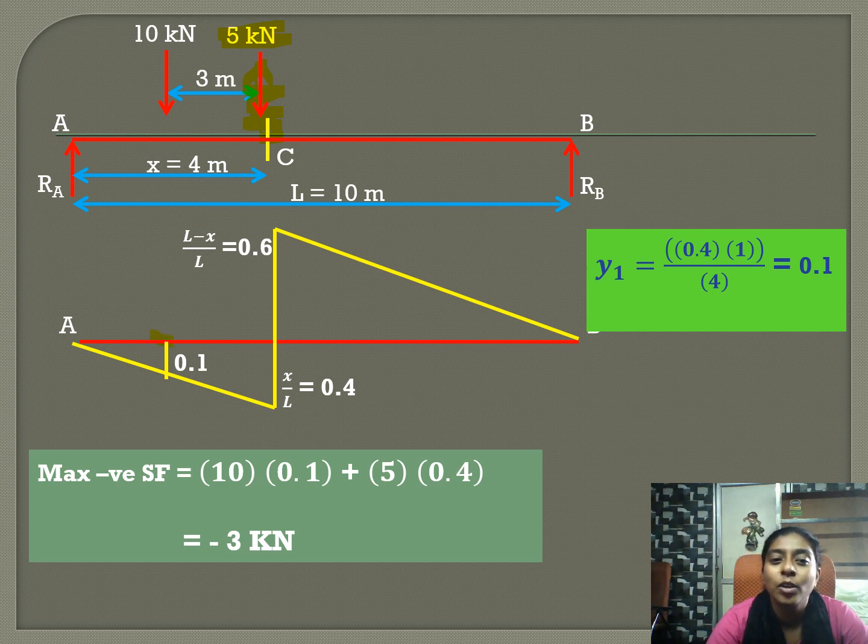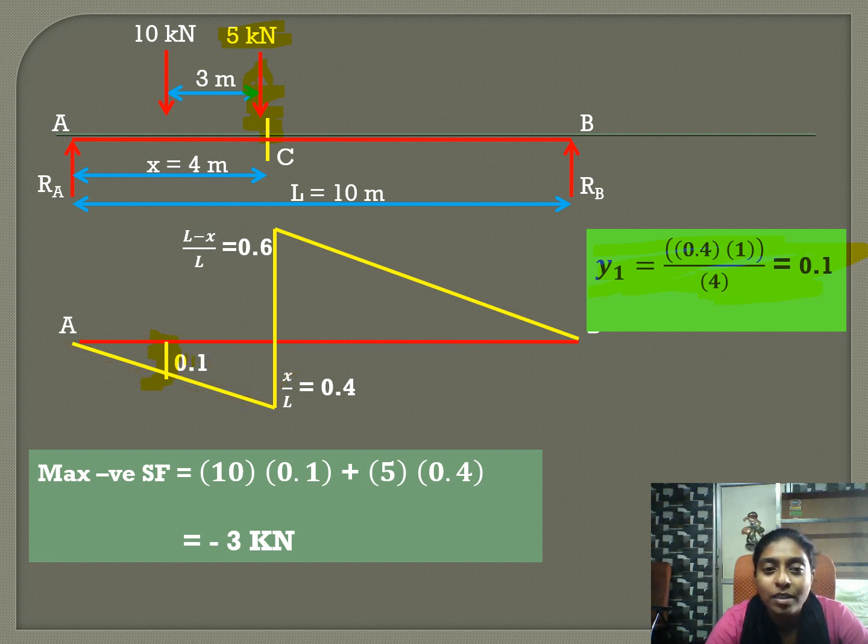We are noting the ordinate in the negative portion. This is our negative portion, so we are marking our ordinate in the negative portion. We are applying the similar triangle principle and we got the value of the ordinate as 0.1.